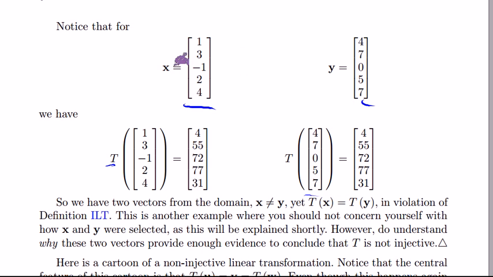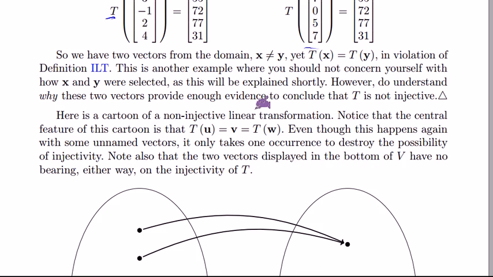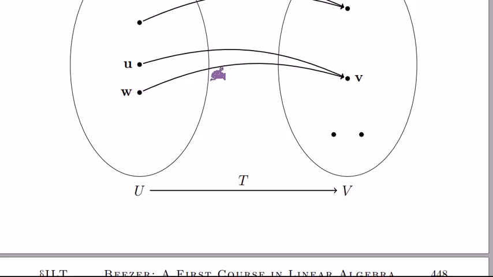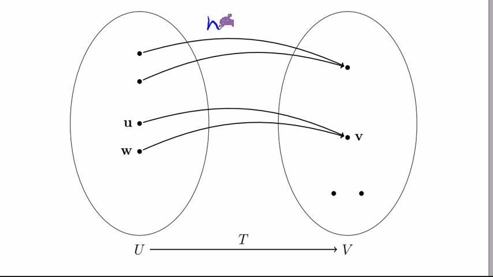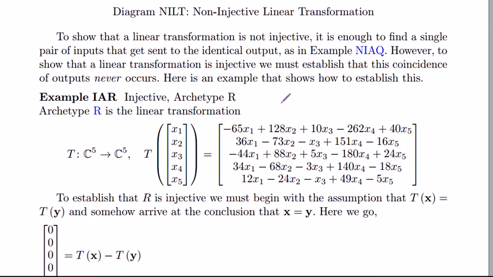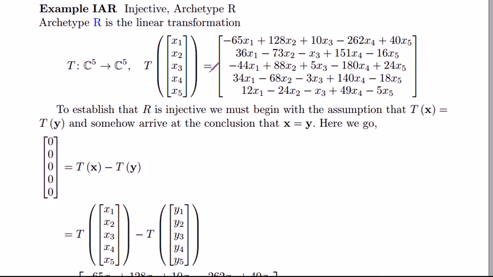That means you have two different vectors, x and y, that map to the same result, so it is not injective. Here's a cartoon of a non-injective map, because here we have two distinct elements being mapped to the same element. So this is non-injective.